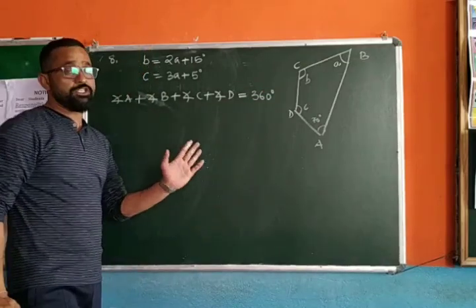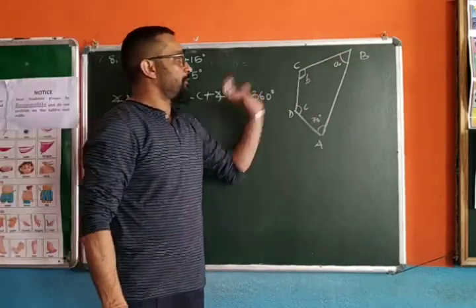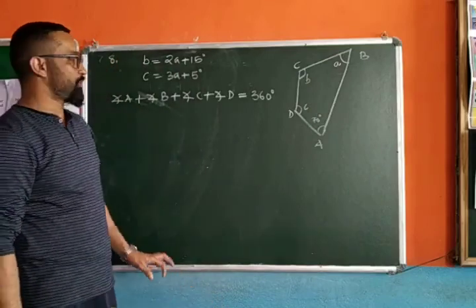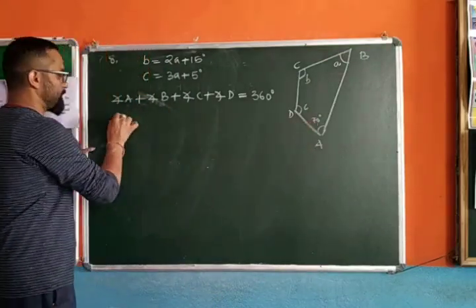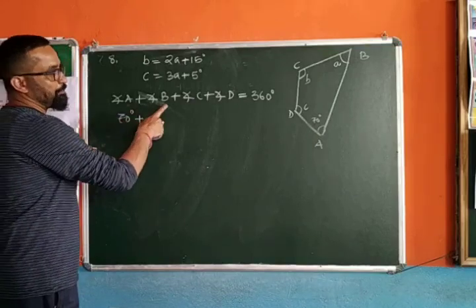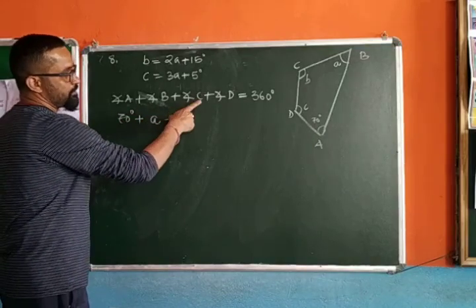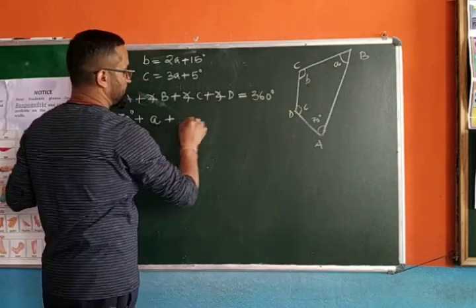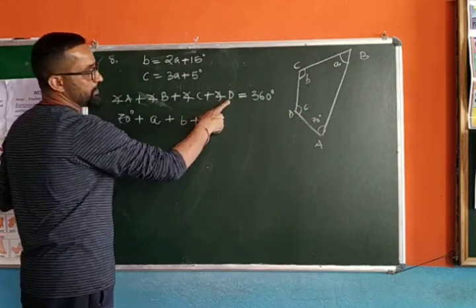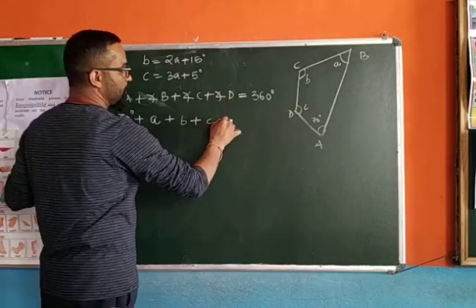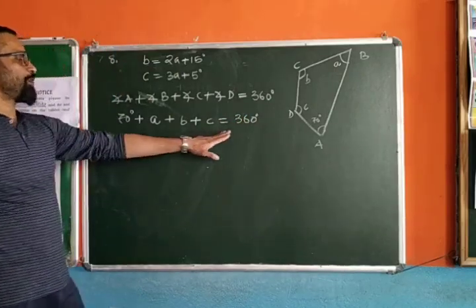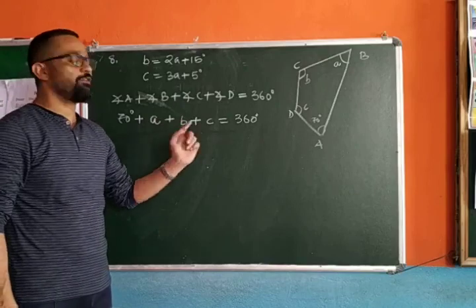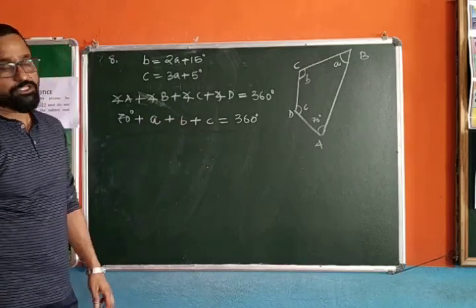It will be much easier to identify the angles. A is known, which is equal to 70 degrees. B is A, C is B here, and D is C, equal to 360 degrees. You cannot solve the equation with 3 unknown variables.